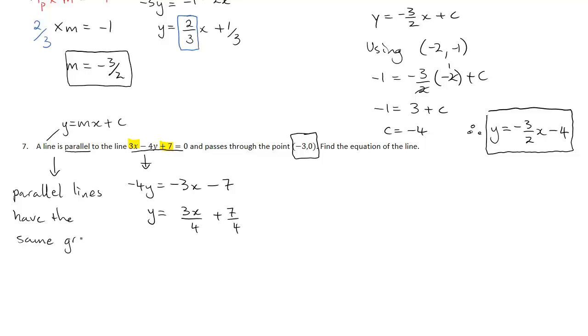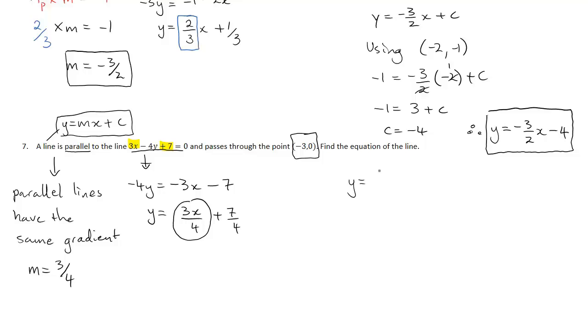As opposed to what we just did before, where perpendicular lines, the two gradients become, when you take the product, they become -1. Parallel lines have the same gradient. So we can now find the gradient of that known line. So m is equal to 3 on 4. And we know that our unknown line, this one here that we're trying to find, has exactly the same gradient.